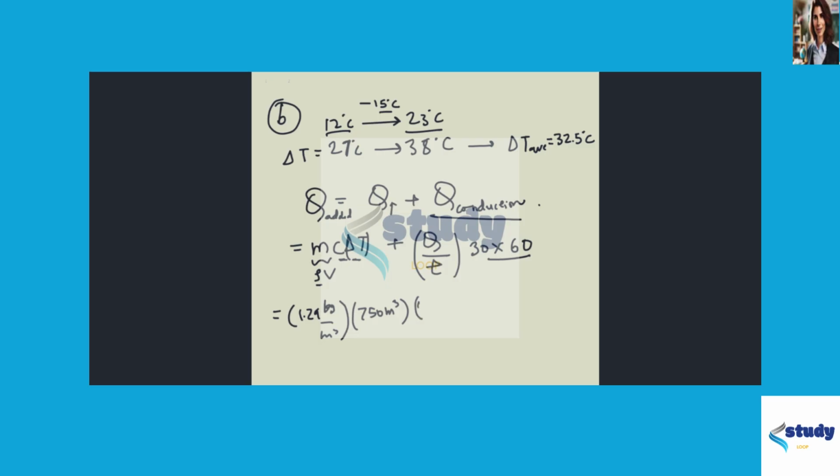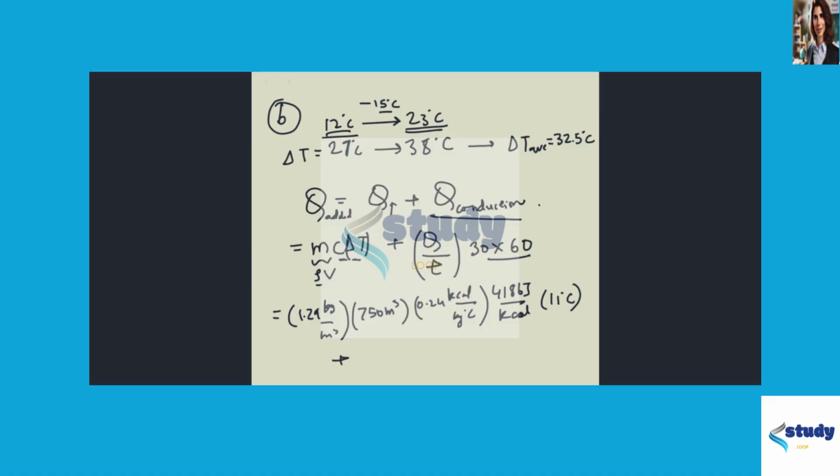C of air is 0.24 kilocalorie per kg degree Celsius, but we need to convert it into joules. So we know that each kilocalorie is 4,186 joules times the temperature difference of 11 degrees Celsius.